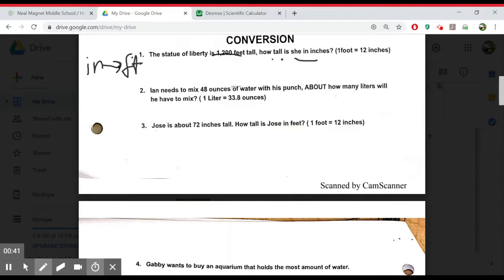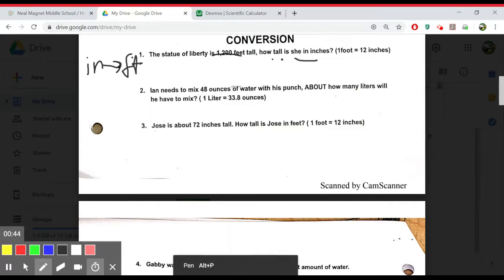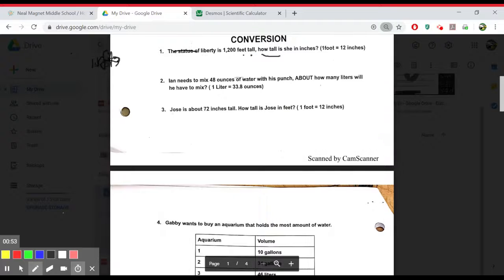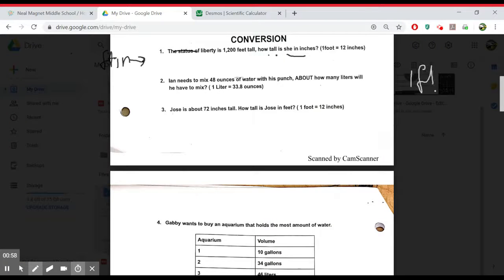So if I set this up, I've got 1 foot is equal to 12 inches. That's what I'm comparing. What I have to set up is it says 1,200 feet is going to be equal to how many inches?